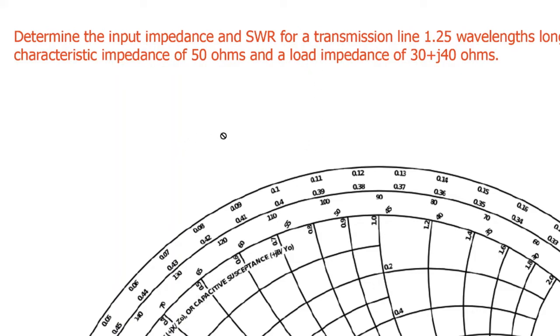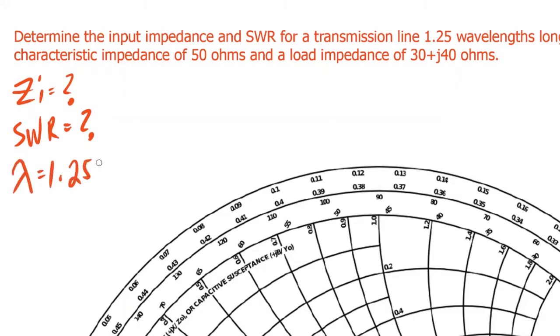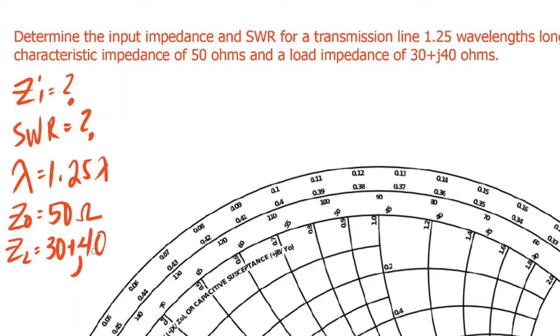So, list down the data given. What we are looking for is Zin and the SWR. The line length is 1.25 lambda, the characteristic impedance Z0 is 50 ohms, and ZL is 30 plus j40 ohms.